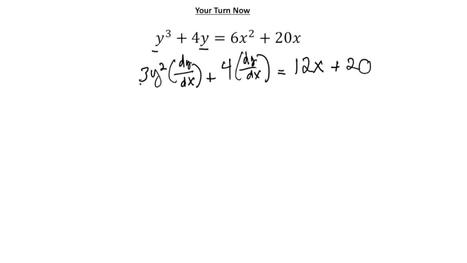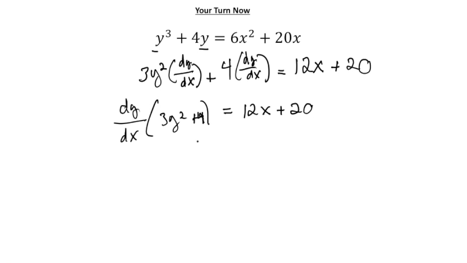All right, so now we have our dy dx's, so we need to factor. Okay, so it's going to be dy over dx times 3y squared plus 4. It's going to equal 12x plus 20.